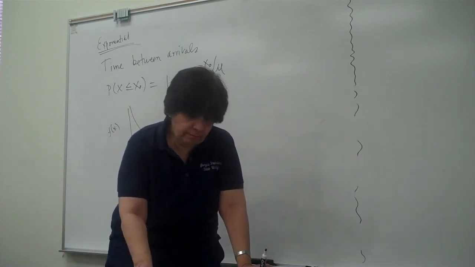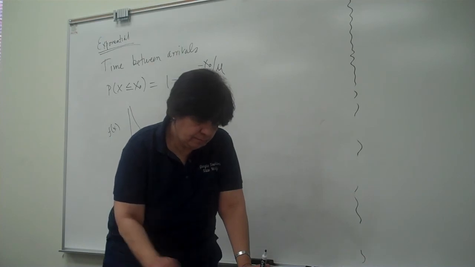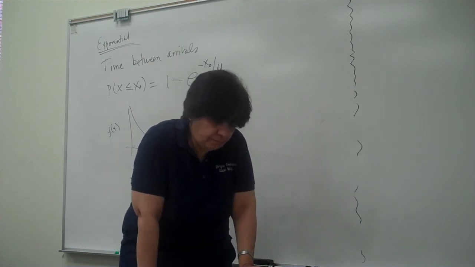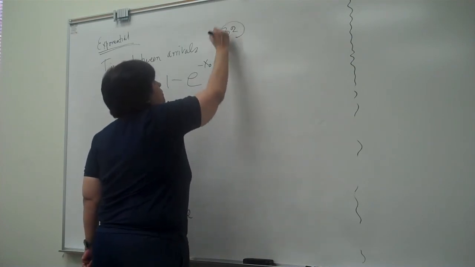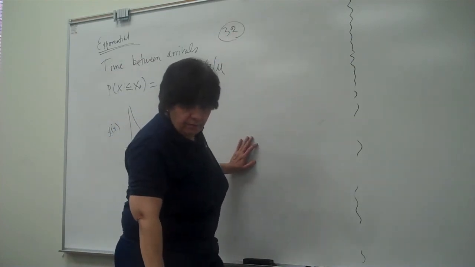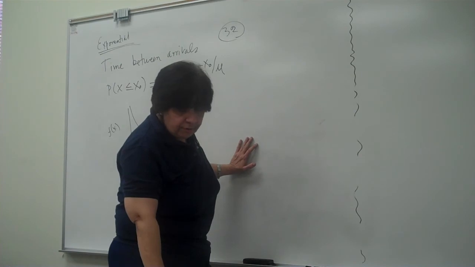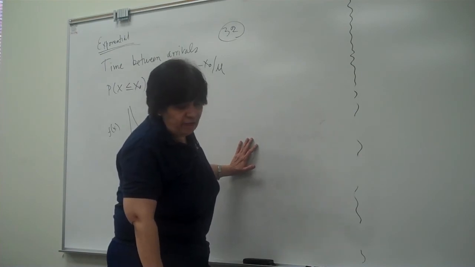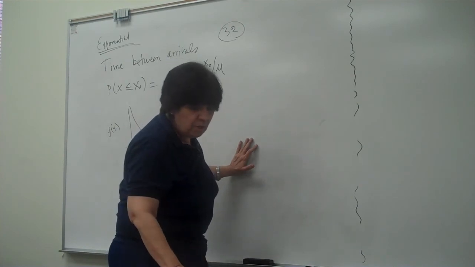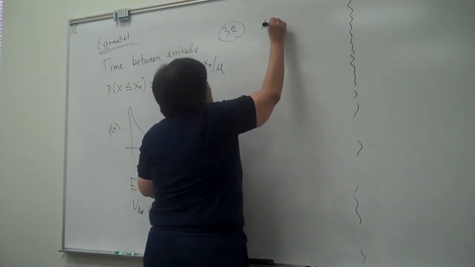Let's do problem 32. Consider the following exponential distribution. What they are trying to tell you here is that really my mu is equal to 8.